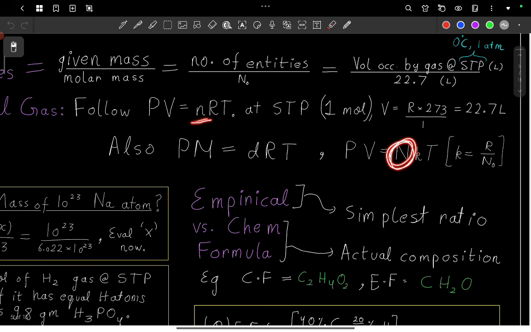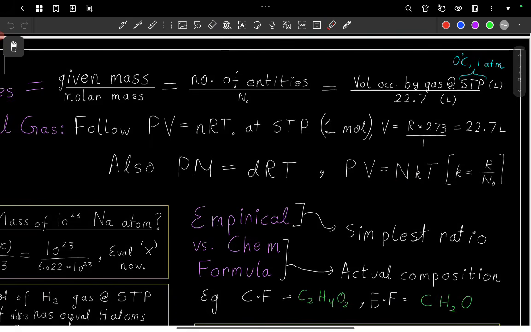This is not number of moles anymore, this is number of molecules. And to make up for this conversion, we substitute R with a constant called the Boltzmann constant, which is nothing but the ideal gas constant divided by Avogadro's number. If you put k equal to this, you will see that you can easily change back to whatever this was.